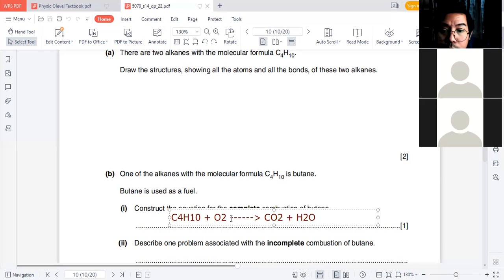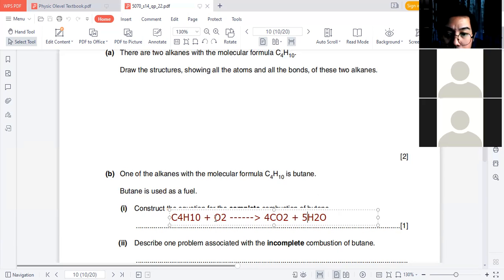Here it's easy to balance. Just look at the number of carbon. Carbon is 4, so I put carbon dioxide 4. Then look at hydrogen, hydrogen is 10, there are only 2 here, so I put 5. Now what I'm left with is finding the number of oxygen on the product side. 4 times 2 is 8, plus 5, that's 13.